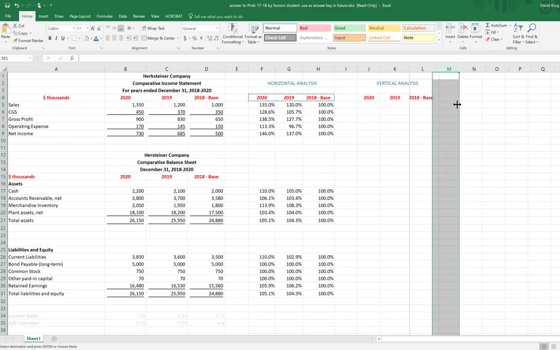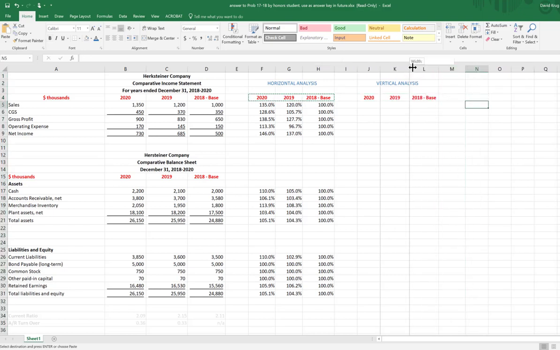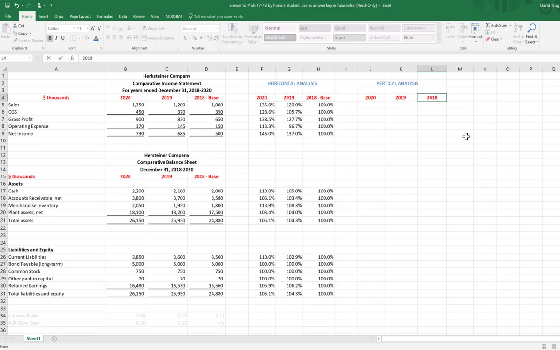Let's worry about, we don't really have a base year here. We can get rid of that 2001-8 base because that base only applies to horizontal analysis. But on vertical analysis, what we're going to divide is everything by total sales.